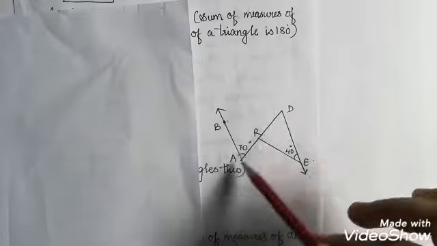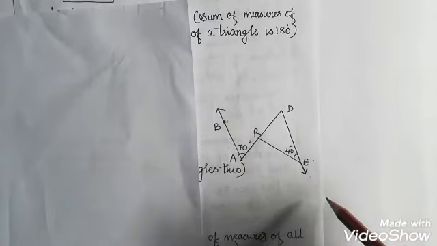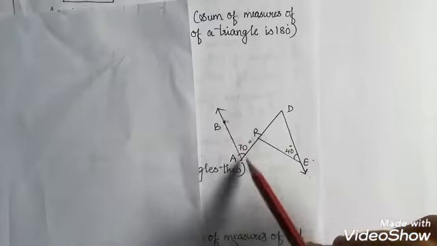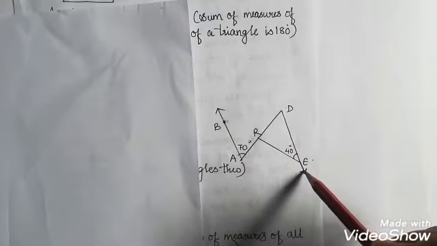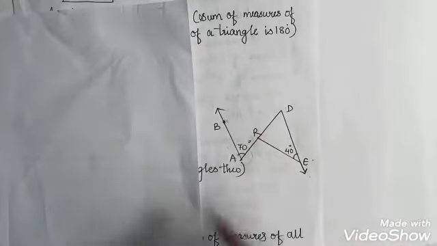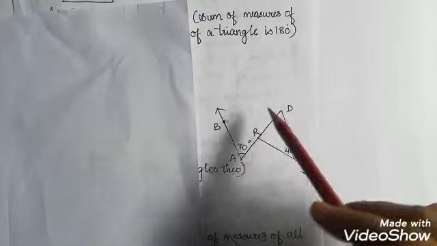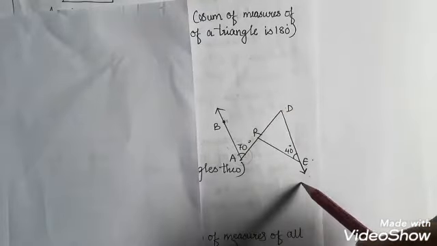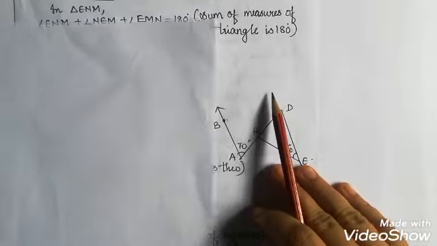So if AD is a transversal to two parallel lines, I can get an alternate angle over here. That is angle BAD and angle ADE. Okay, now angle BAD is already given to us as 70 degrees. So if angle BAD is 70 degrees, angle ADE will also be 70 degrees. That is by alternate angles.